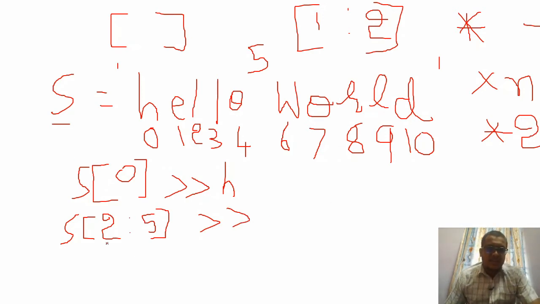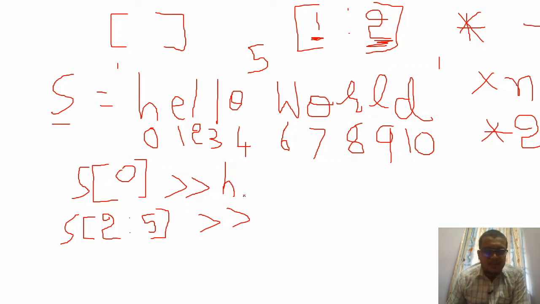So the starting value is 2. This is where the index operation comes into the picture: starting value, ending value you need to access, and s is going to hold a string. From where to where are you accessing? 2 to 5.